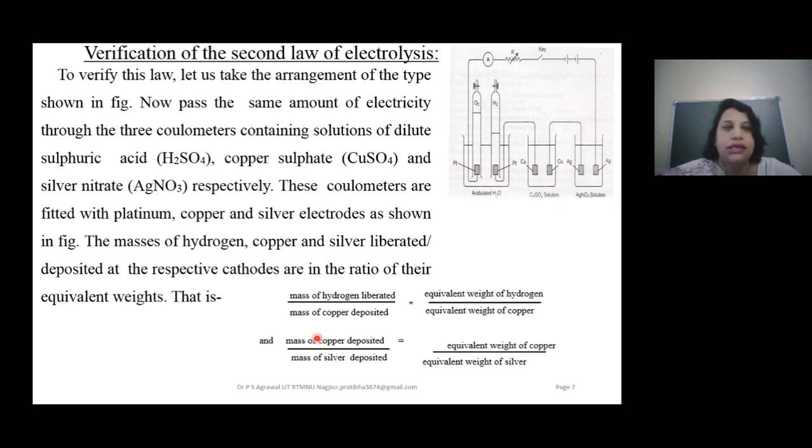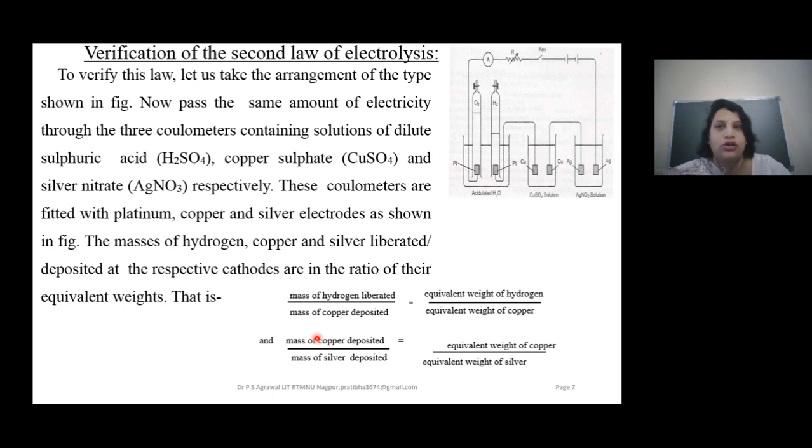So now we will see the verification of the second law of electrolysis. Faraday's second law states that when the same quantity of electricity is passed through different electrolyte solutions, the masses of substance deposited on the electrodes are proportional to their chemical equivalents.